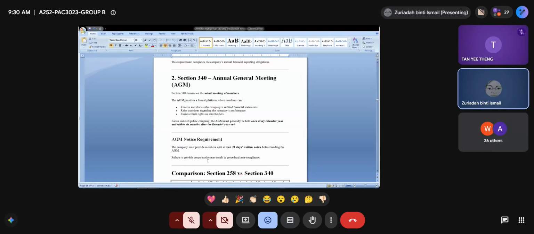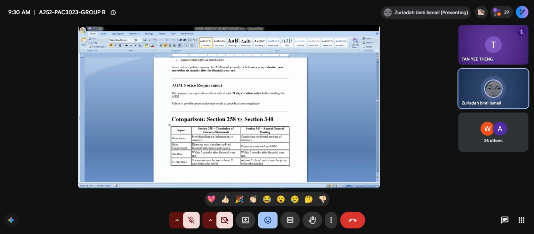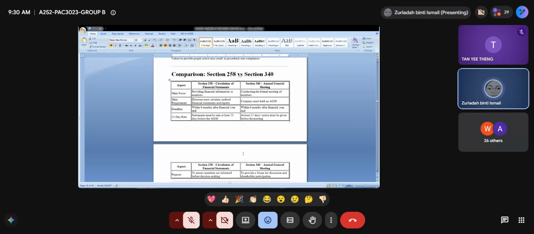AGM notice: all members must receive a notice at least 21 days before. But please bear in mind, short notice is allowed if, for a public company, 90% agree, but for a private company, 95% of the members agree. For short notice, I compare between section 258 and also 340.